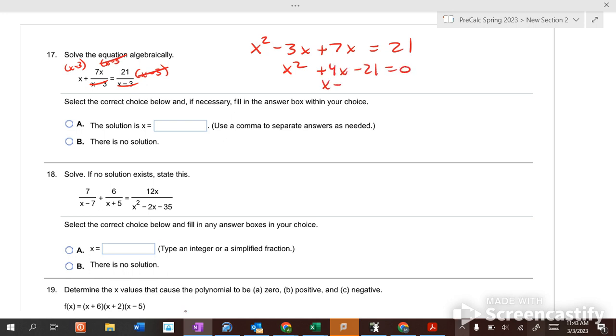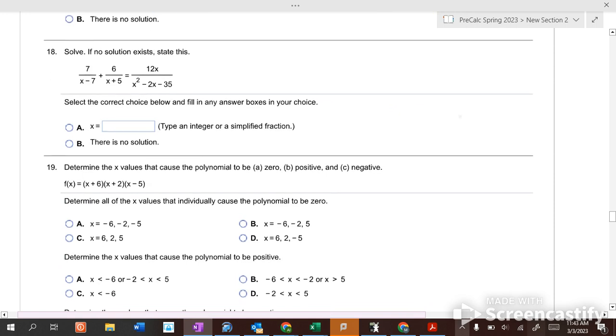So x minus 3 times x plus 7 equals 0. So x equals 3 and negative 7. If you plug those in, you can see that 3 will make the denominator 0, so that is an extraneous root. So the only root is x equals negative 7. Okay?